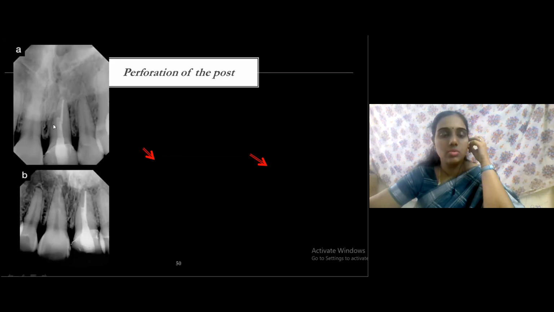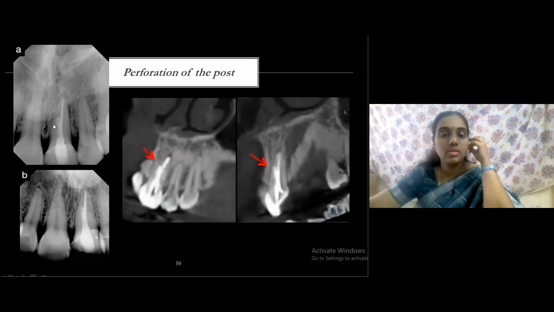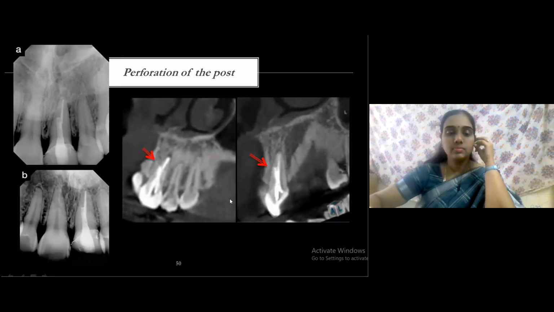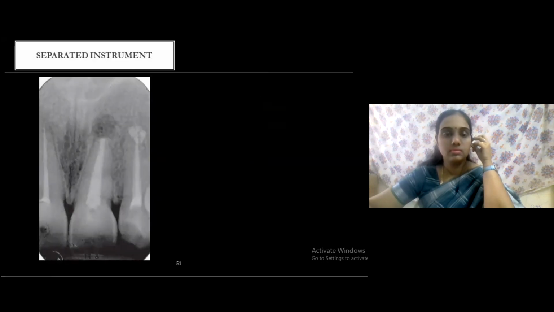This was treated with a post, and when taking a CBCT, you could clearly see that there is a periapical lesion, and also there is some perforation of the post, which is causing that widening. So this type of post perforations or fenestrations and dehiscence can be easily made out with the help of CBCT.